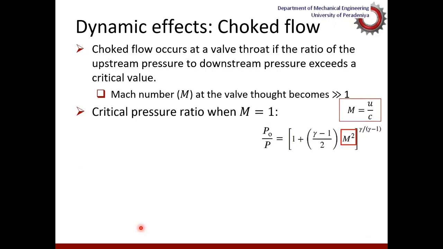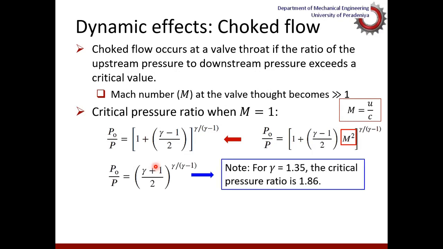And when M equals 1, this becomes this equation, and that indicates that the pressure ratio under critical condition or the choked flow condition does not depend on the velocity or the Mach number. It is purely a function of the specific heat ratio.